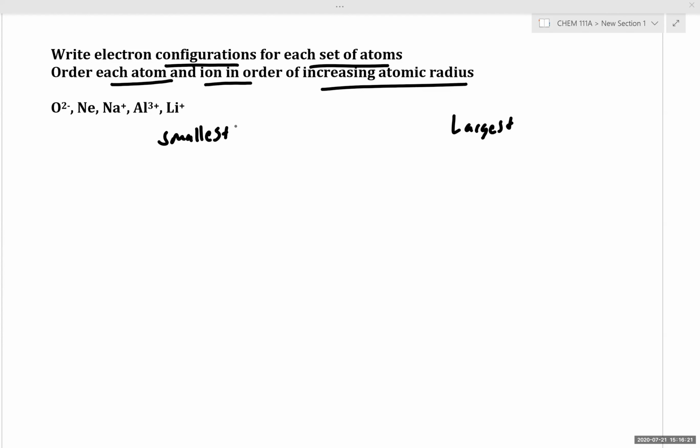I'd like to see some rankings of each of the atoms and ions in terms of increasing atomic radius, so that way I can provide some feedback.